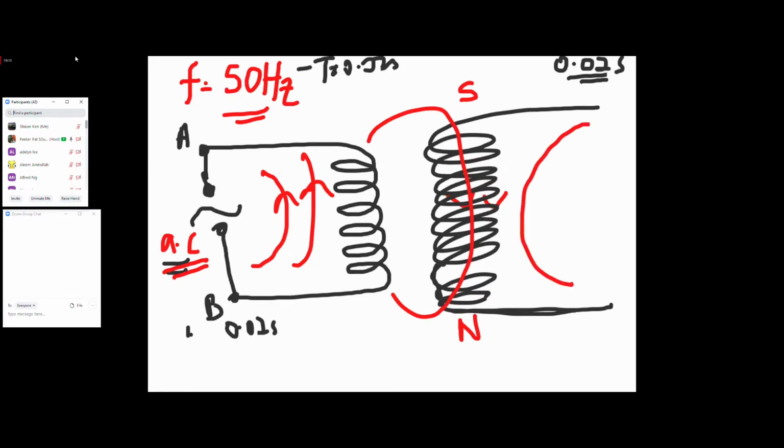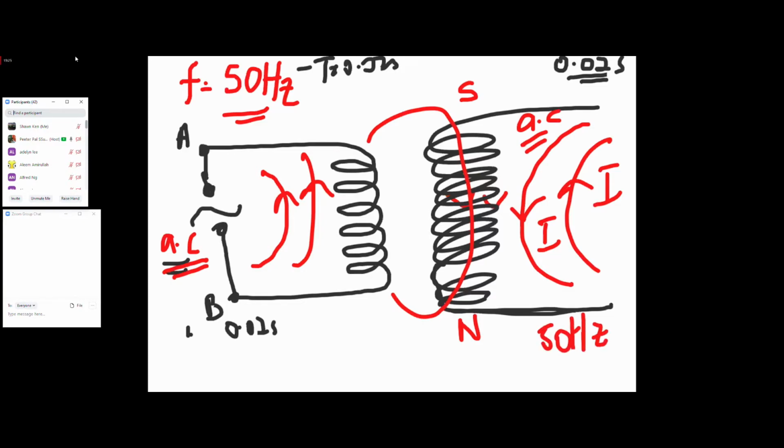The secondary coil starts to produce induced current also with the same AC frequency of 50 hertz. Okay. So, question time. Who has a question?